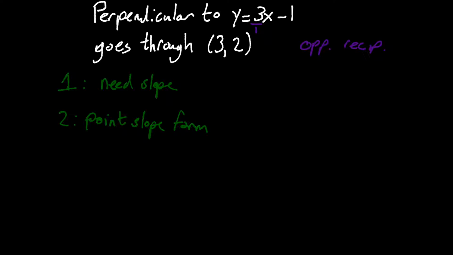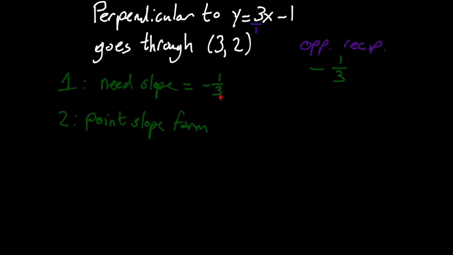If the original slope is positive, the new slope is going to be negative. Since the original slope was 3 over 1, the new slope, taking the reciprocal, is going to be 1 over 3. So our new slope is negative 1/3.